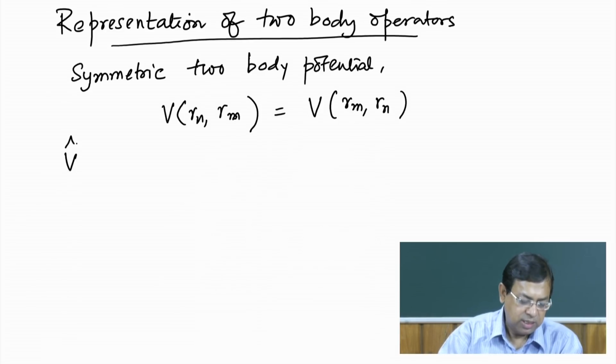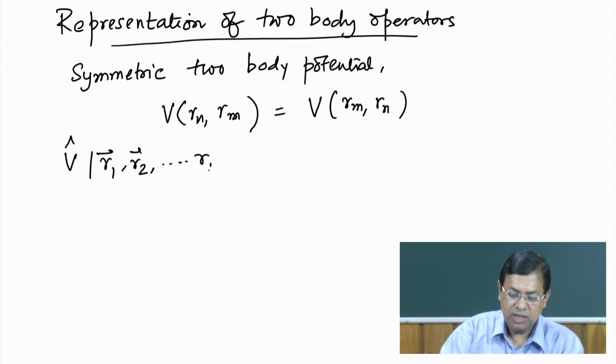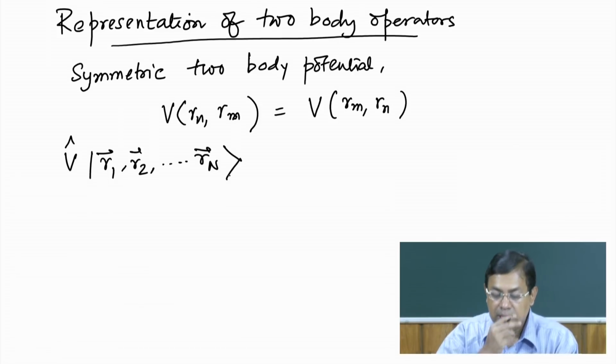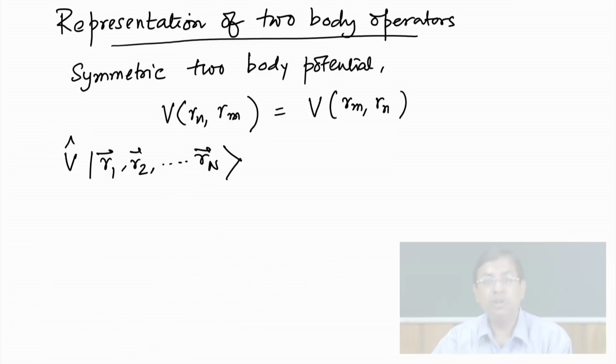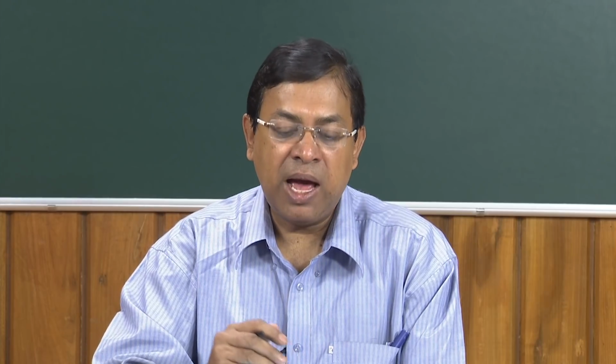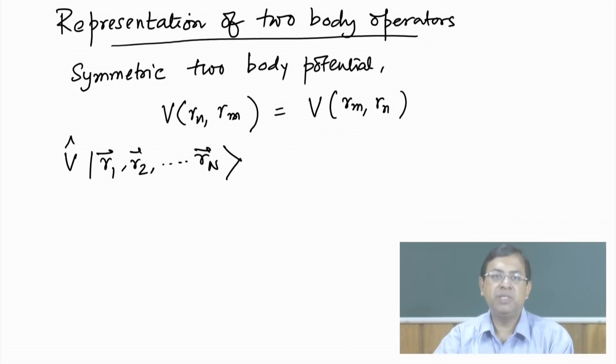So, we will take a real space representation and these are vectors. See, initially we started with a coordinate representation or a position representation for a many particle state, and then we went to an occupation number or the number operator formalism, and now in this particular case we are coming back to the real space representation.